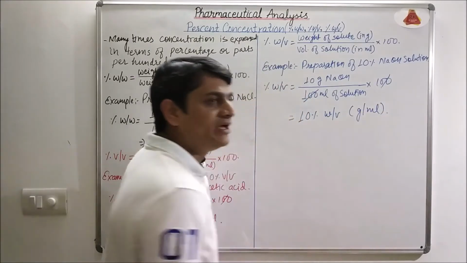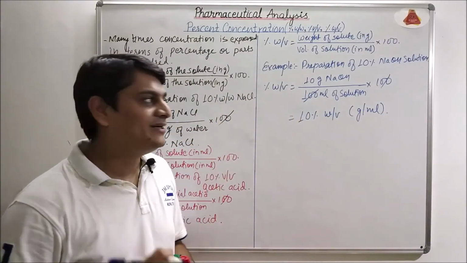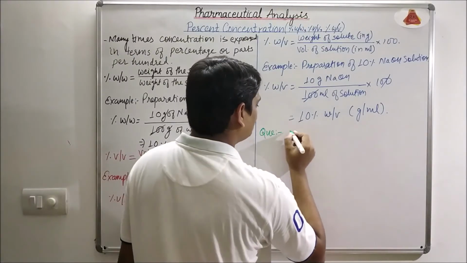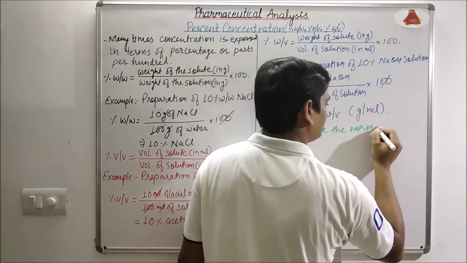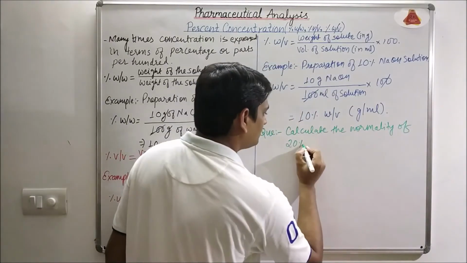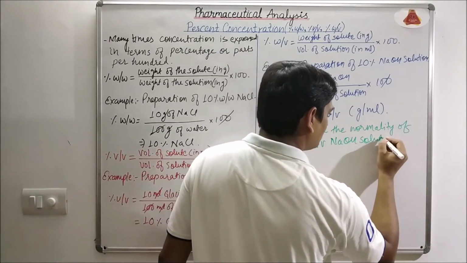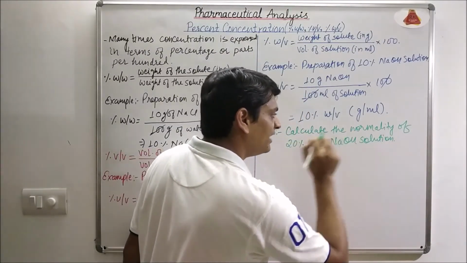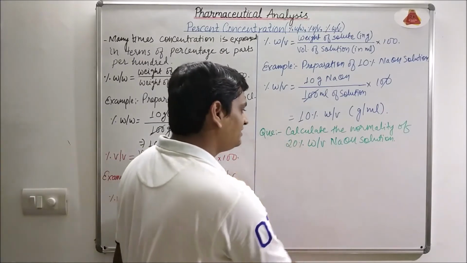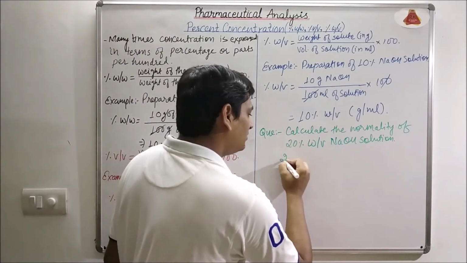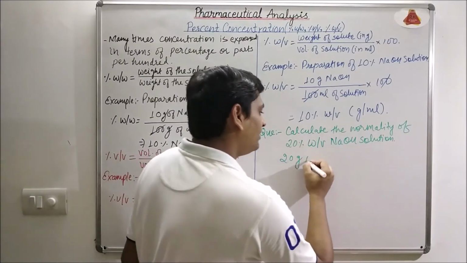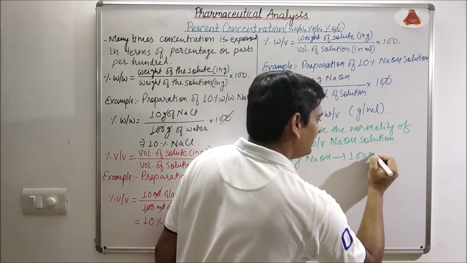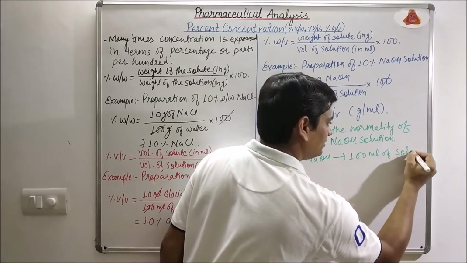Now here I am taking one simple question related to this percent concentration: calculate the normality of 20% weight by volume NaOH solution. This question is very easy. As per the question, 20 gram NaOH will be present in 100 ml of solution.